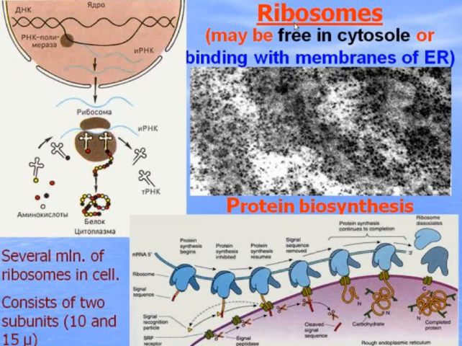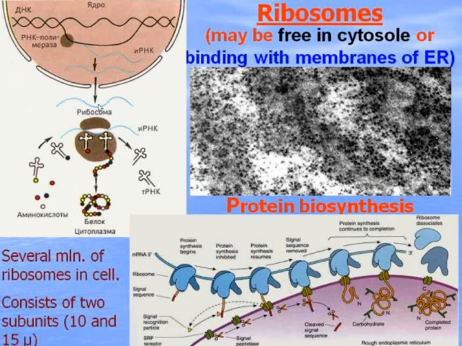Next, organelles of general meaning but non-membranous are ribosomes. They consist of small and large subunits, 10 and 15 nanometers in size.